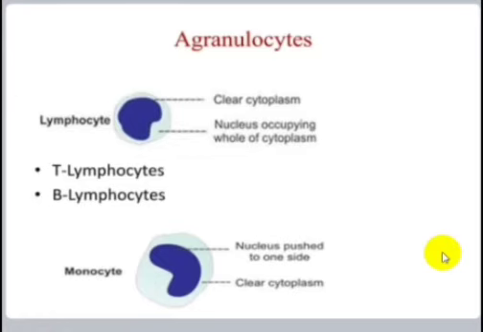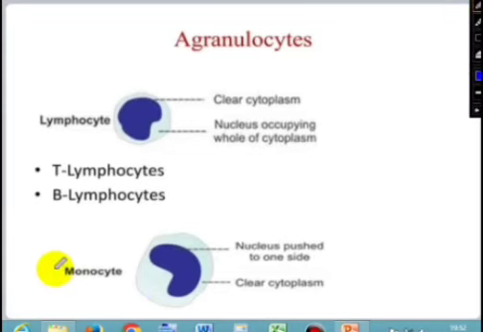The first one is the monocytes. Number one, monocytes. And then the other type are the lymphocytes. So we begin with the first one.